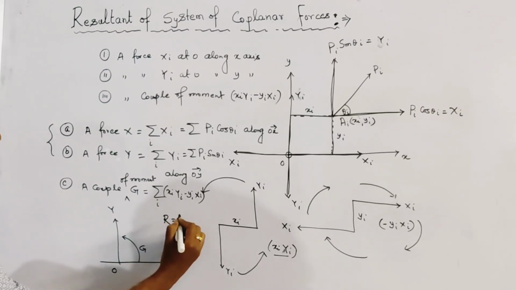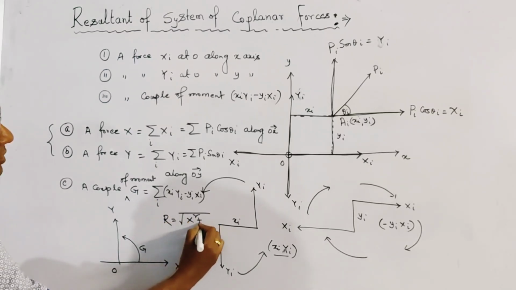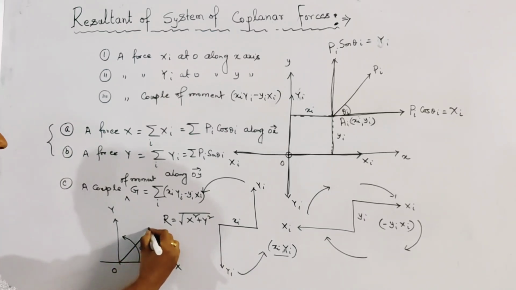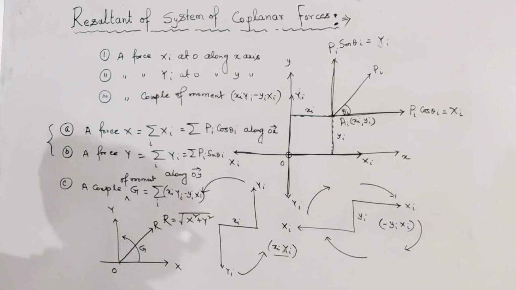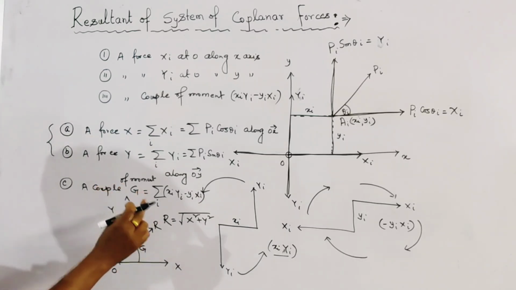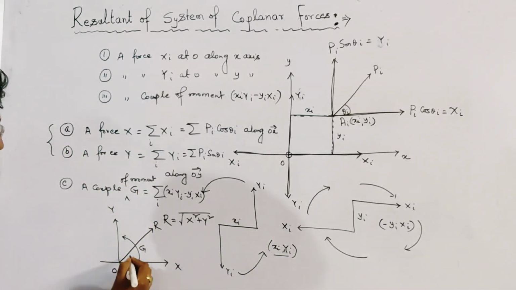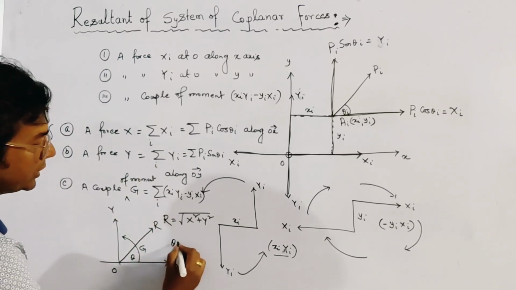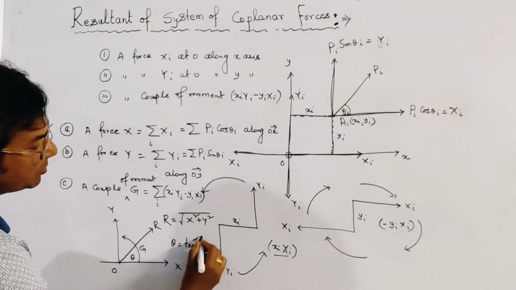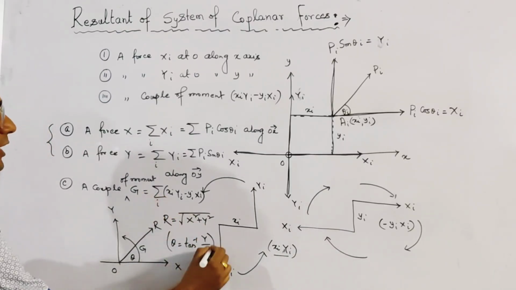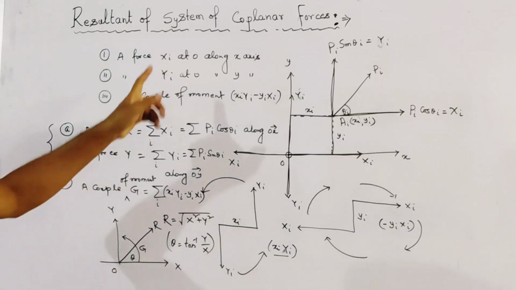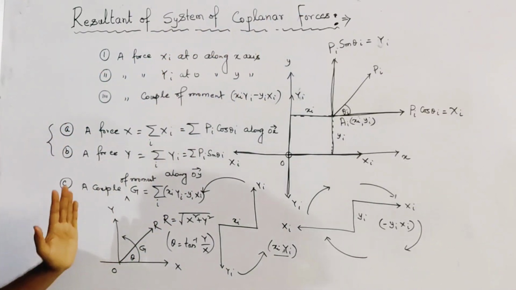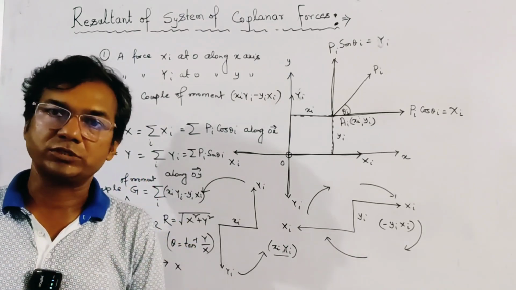This is the resultant force R, given by root over of X squared plus Y squared, and this is along the line R through O, and the resultant force R makes angle theta with OX, where theta is given by tan inverse Y by X. So we get the resultant of the system of coplanar forces, and this is the final result of the resultant of a system of coplanar forces.